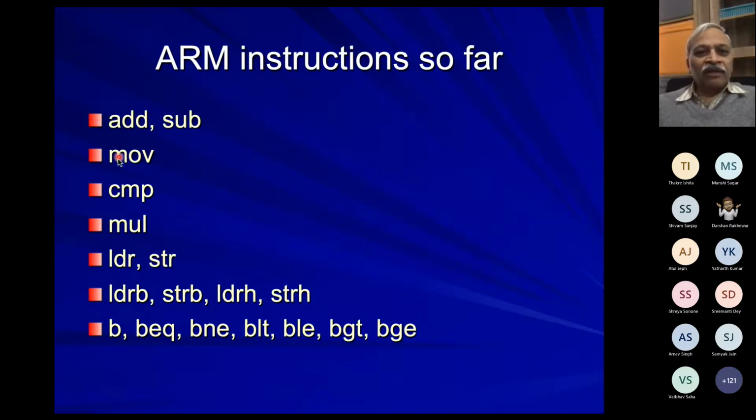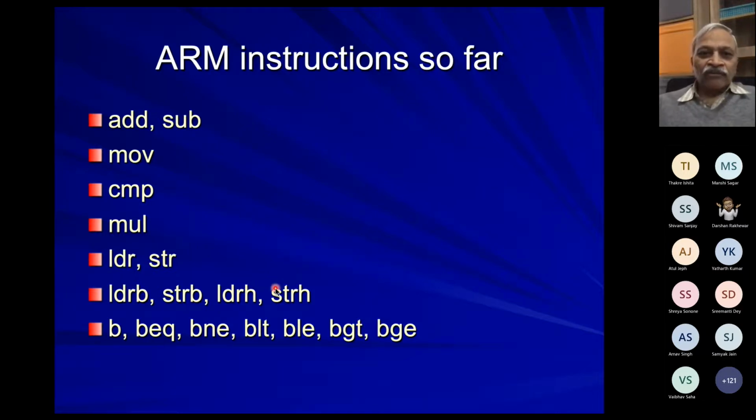And then we use the move instruction just to move data from one register to another register. CMP is for comparison. LDR and STR are for moving data between registers and memory. There are other variations of load and store, LDRB and STRB, which deal with just 1 byte at a time, or halfword, which means 2 bytes or 16 bits.